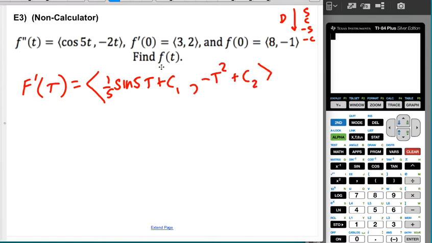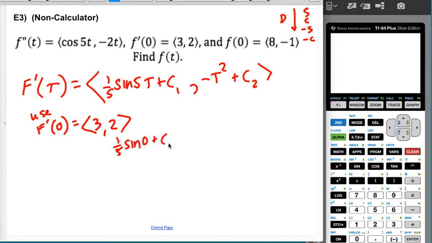So that's not awful, right? And then I'm going to go ahead and plug in these values. I know if I plug in 0, I'm supposed to get a 3 and a 2. So I'm going to use f prime of 0 equals (3, 2). I'm going to recognize that this would be 1/5 sine of 0 plus c sub 1, and that should give me a 3. Well, that just means c sub 1 is 3 because the sine of 0 is 0.